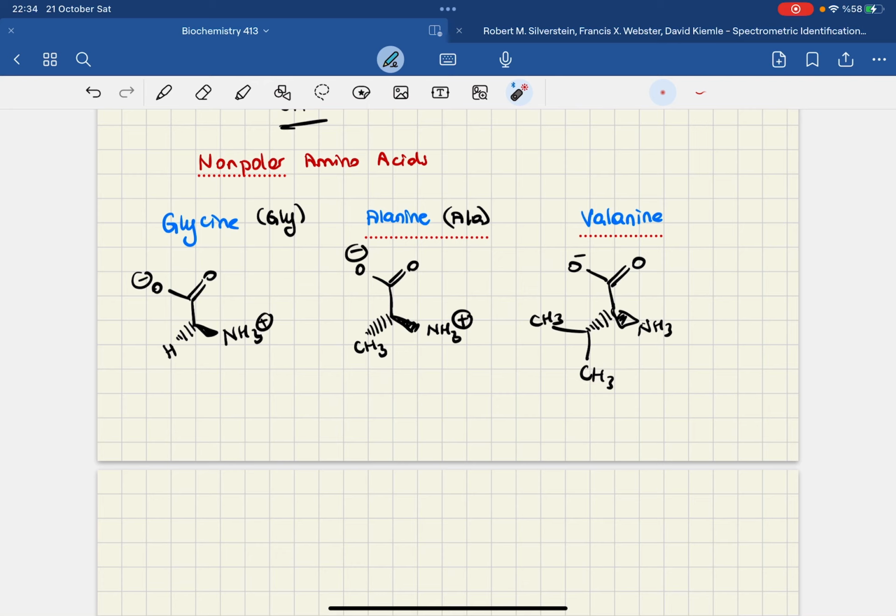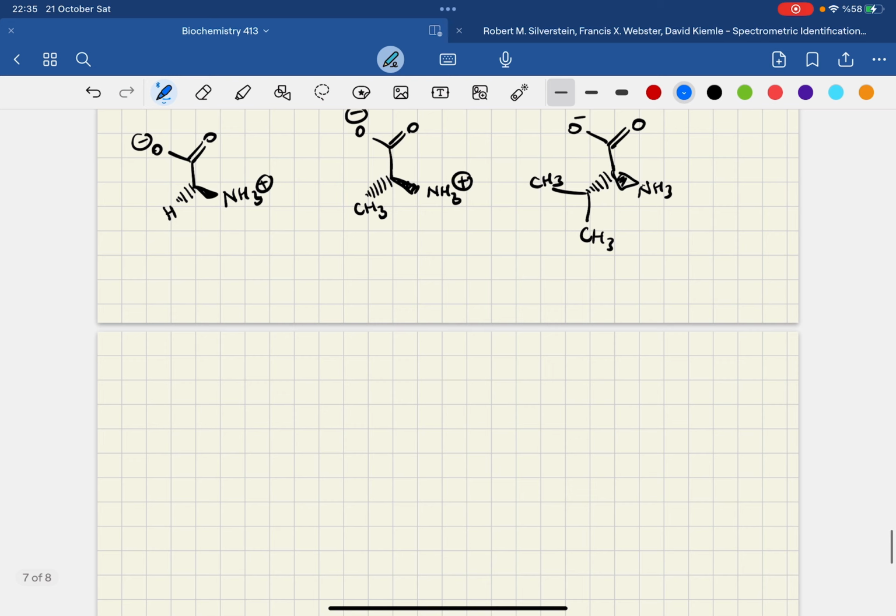A V structure which is connected to valine. Alright. I just noticed that I misspelled it. Valine. Oh, sorry. It's written as valine. Now let me continue with cysteine.